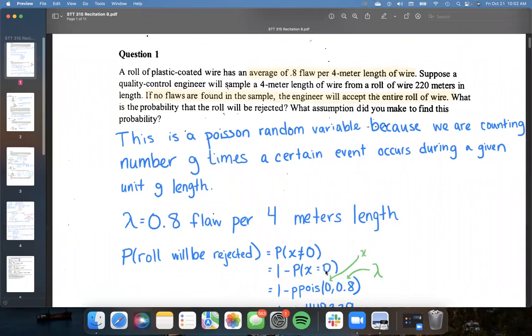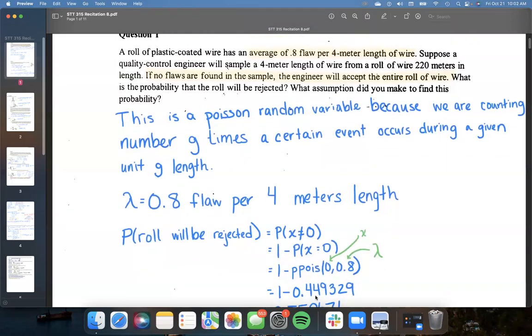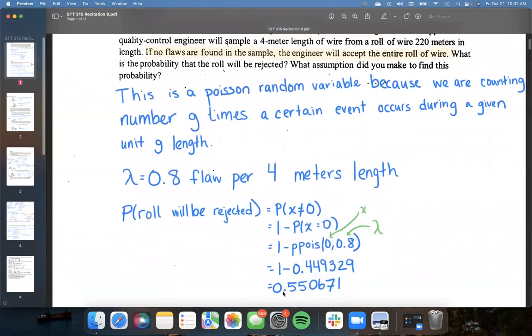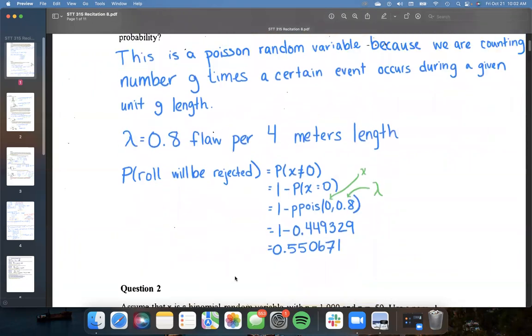Here x is 0, and our lambda we said was 0.8. R will give you that PPOIS(0, 0.8) is 0.449329. So 1 minus that is 0.550671.